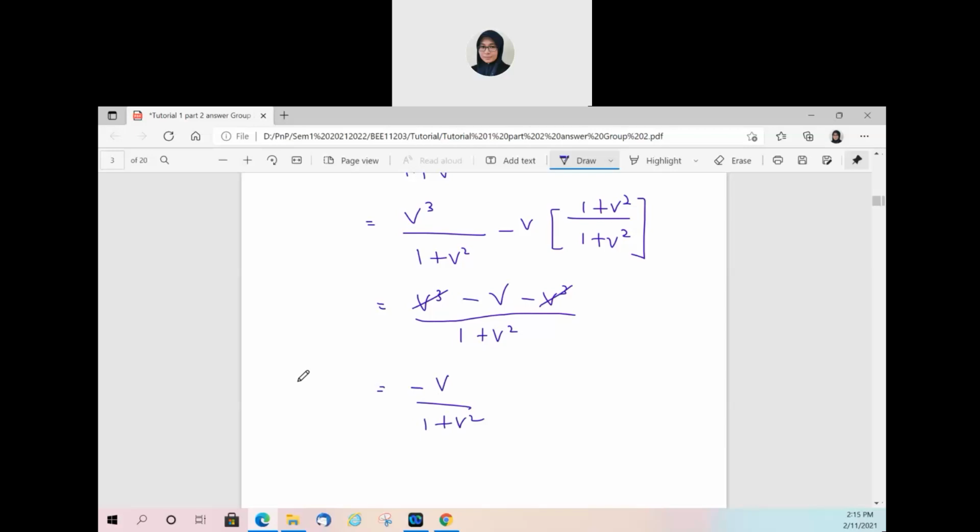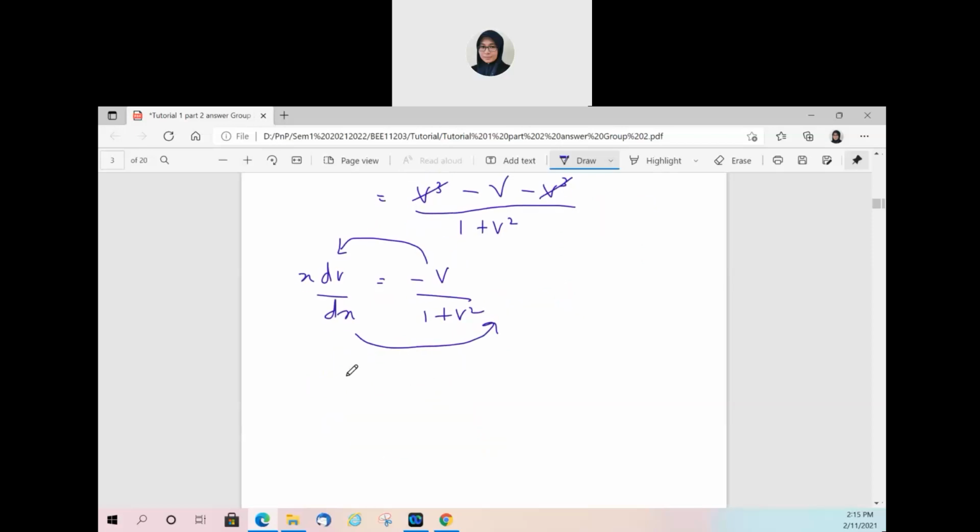So x dv over dx equals this one. And this v, we bring to this side, and x we bring to this side. Then you will have 1 plus v squared over v dv equals minus 1 over x dx.